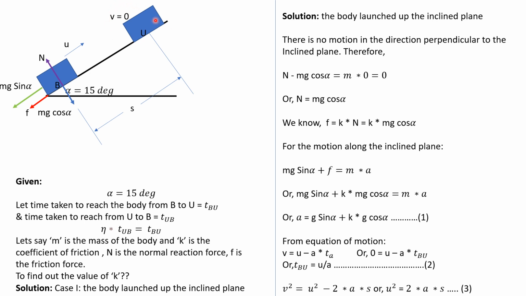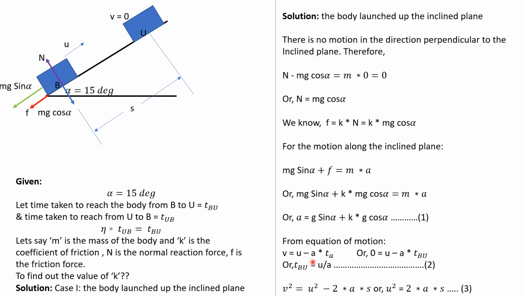The object stops at U. The initial velocity was small u, and the object has stopped at the point U where its velocity becomes 0. We write the equation of motion for this, with time TBU.